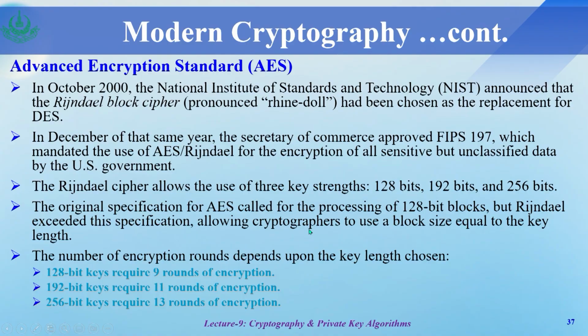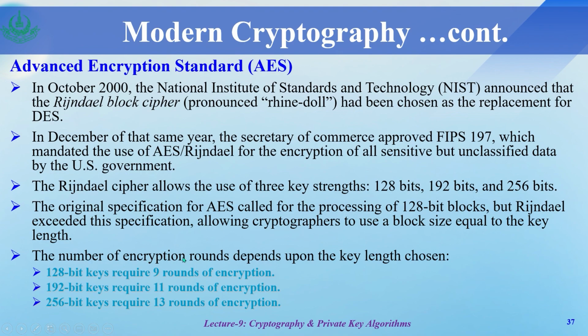The Rijndael cipher allowed the use of three key lengths: 128-bit, 192-bit, and 256-bit keys. The original specification of AES called for the processing of 128-bit blocks, but Rijndael exceeds this specification, allowing cryptographers to use a block size equal to the key length.